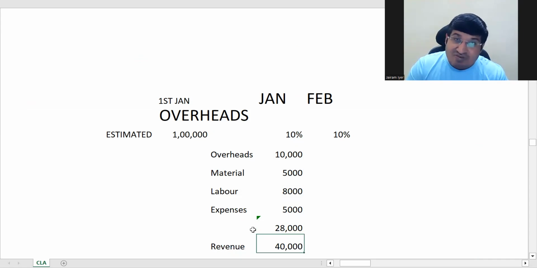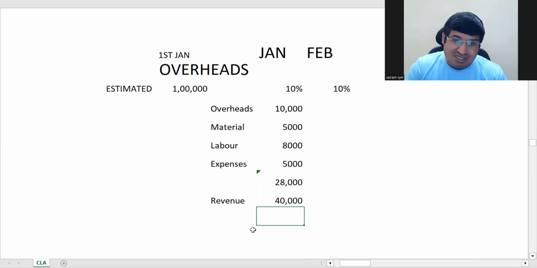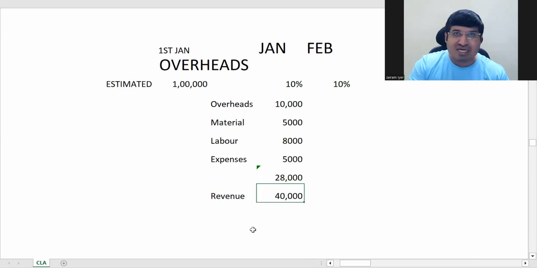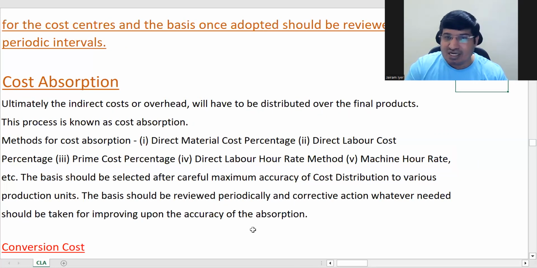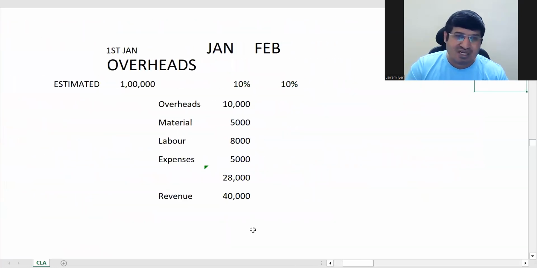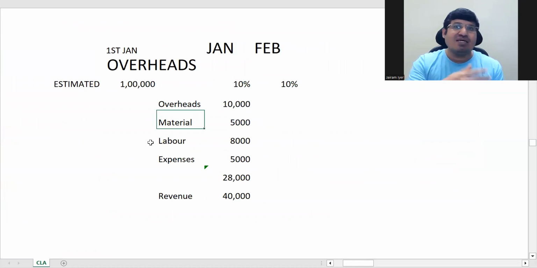So this is my first real revenue, and I have matched up my costs with the revenue for the first time, because this is the time I've got the revenue. Before this, I did not have that revenue. Sorry, it's not allocation, it's absorption. When you talk about allocation, apportionment and other things, they are the initial ways of distributing cost.